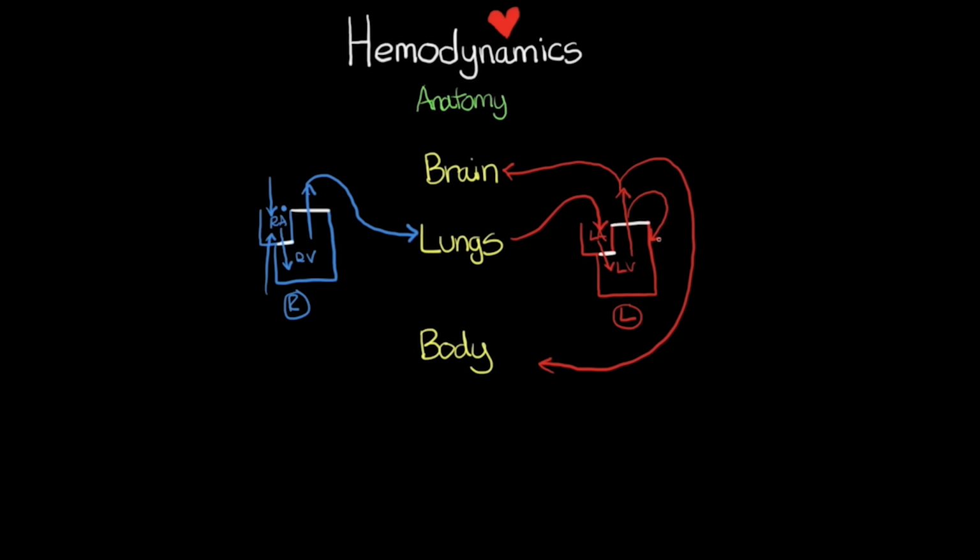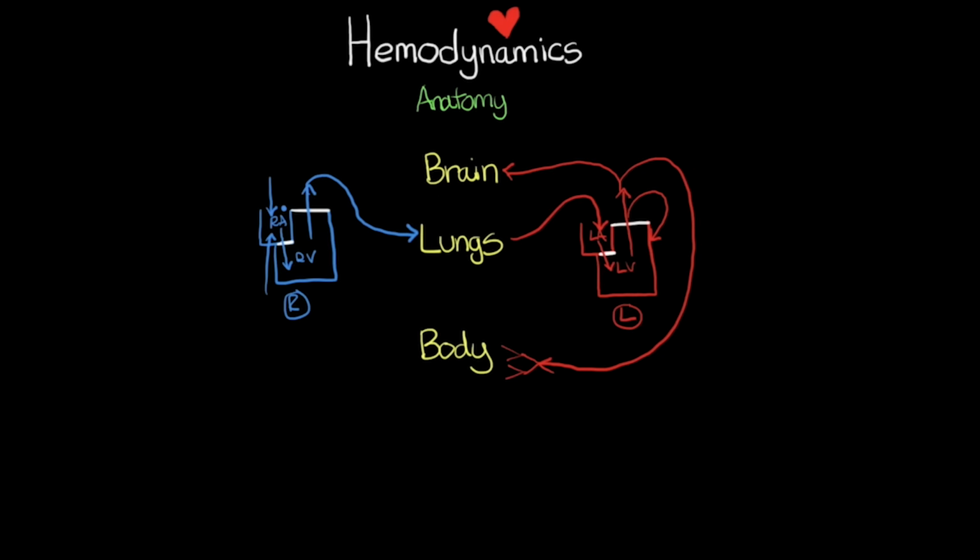So then again, if we continue to follow the path of blood, from the aorta, we're going to branch off into our arteries, and then we're going to branch off into our arterioles, and those are going to turn into our capillaries and capillary beds at the end of the tissues.